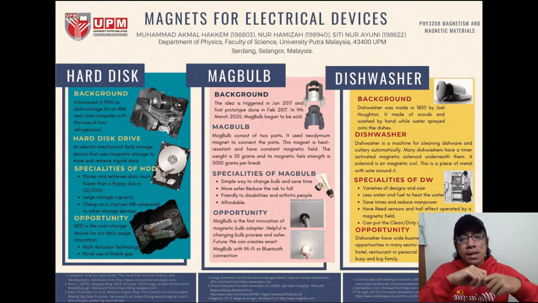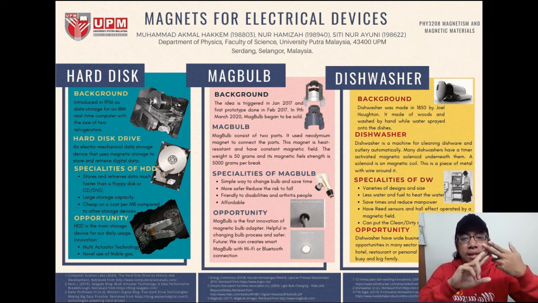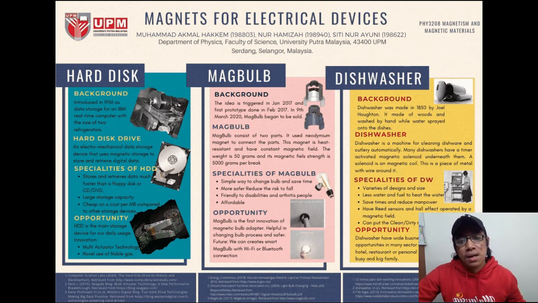Besides, a hard disk provides a large storage capacity because it is made up of metal, so the data can be stored more densely. Other than that, a hard disk is relatively cheaper on a cost per megabyte basis compared to other storage devices, and the internal HDD is necessary to support the way our computers work.